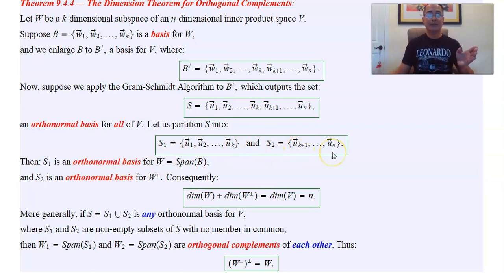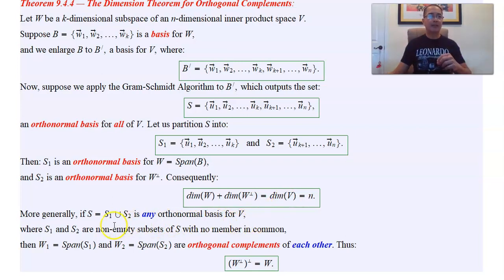What about these other vectors? They must be an orthonormal basis for the orthogonal complement. So, consequently, the dimensions of W and its complement have to add up to n, the dimension of our ambient space.